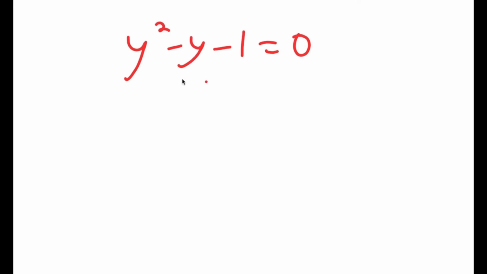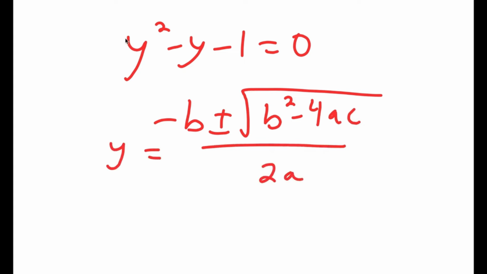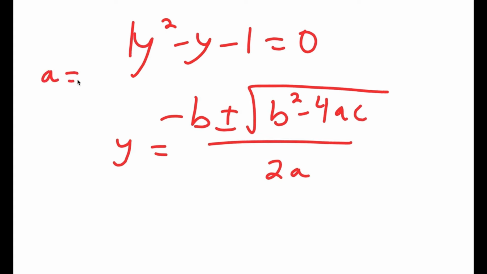Now, to solve this equation, I'm going to use the quadratic formula, which is negative b plus or minus the square root of b squared minus 4ac all over 2a. So in this case, a is 1, b is negative 1, and c is negative 1.